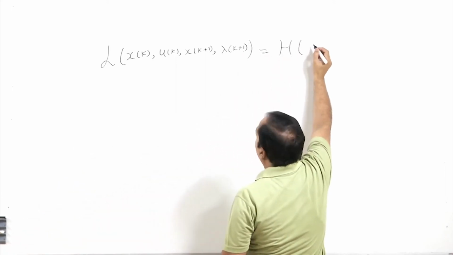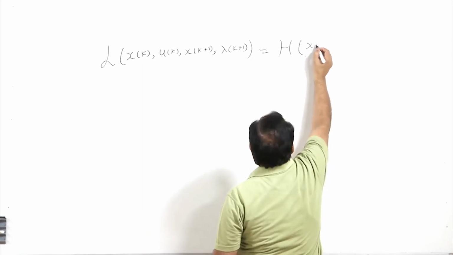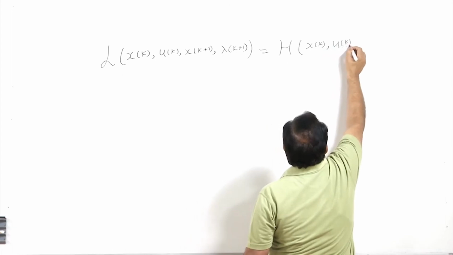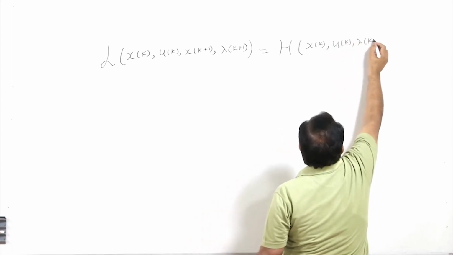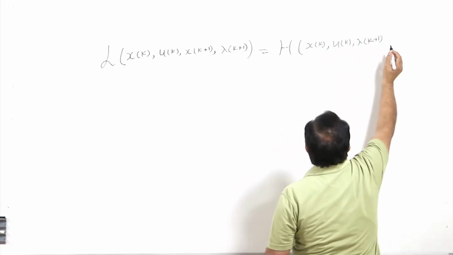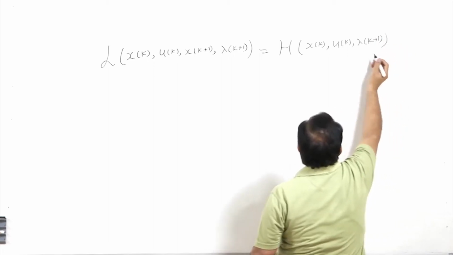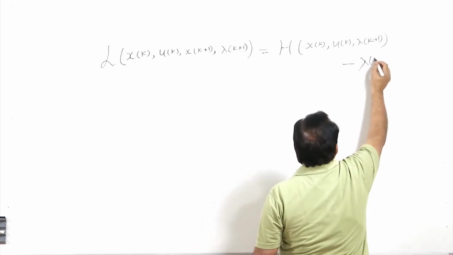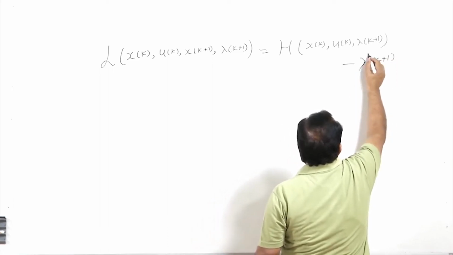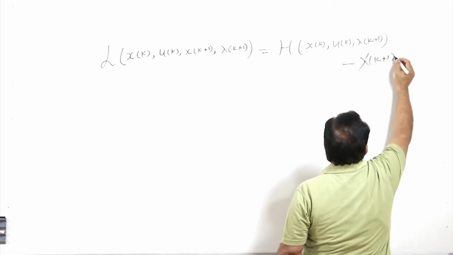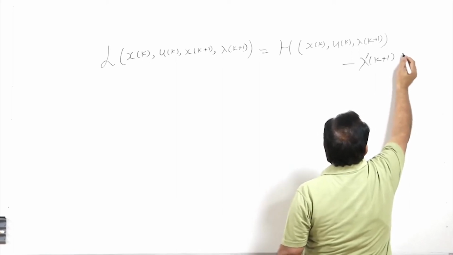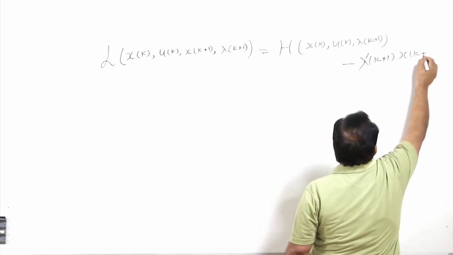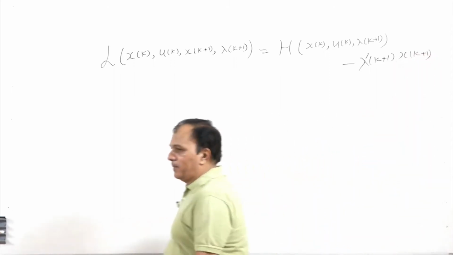So, h is not a function of x of k plus 1, this is the function of x k, u k, lambda k plus 1, and minus we have lambda prime k plus 1 x of k plus 1.